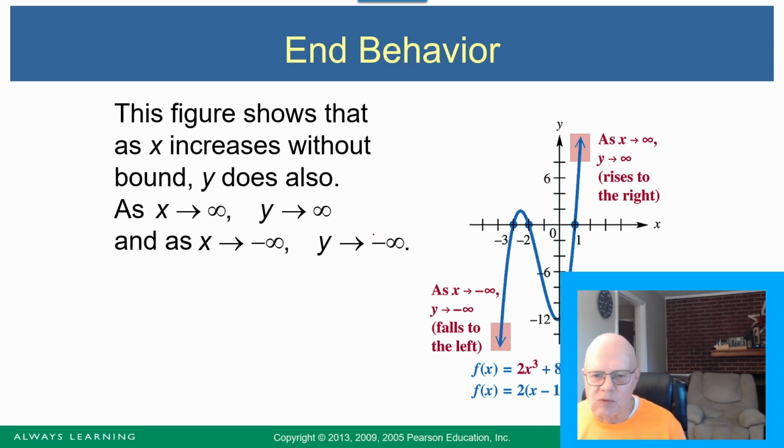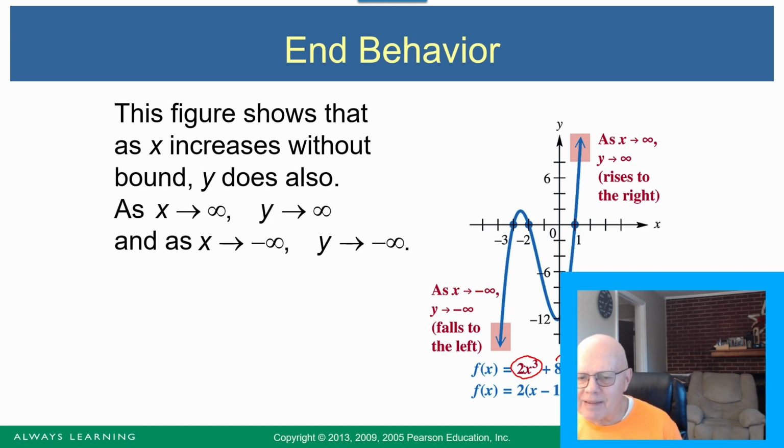So take a look at this one. Here we've got a function. This is our leading term. It's x cubed. Now, these terms out here are going to make some things happen in the middle, but for end behavior, you don't even have to worry about the 2.